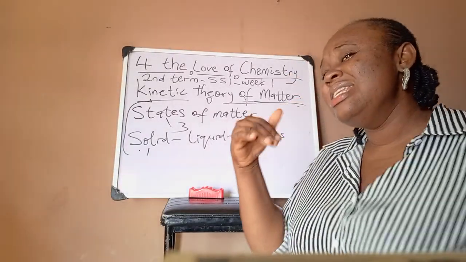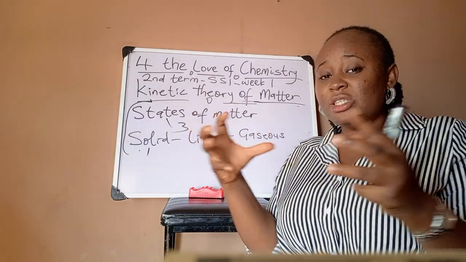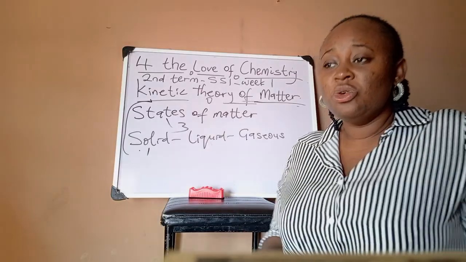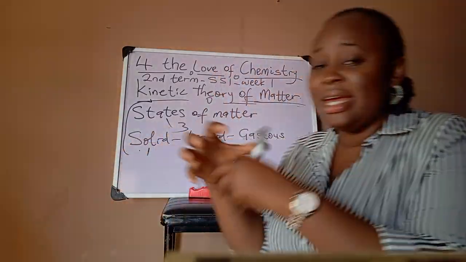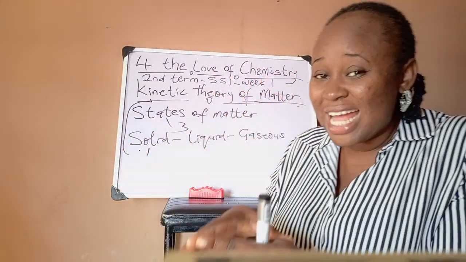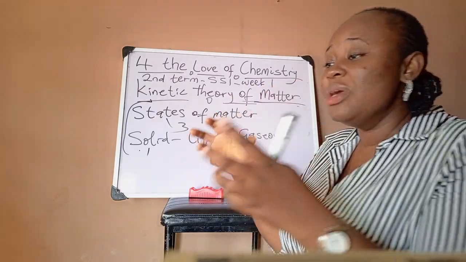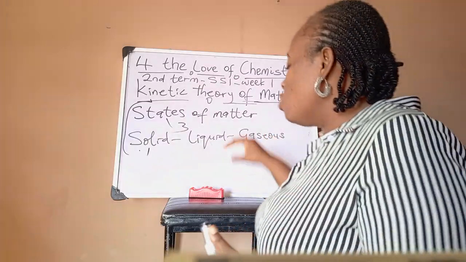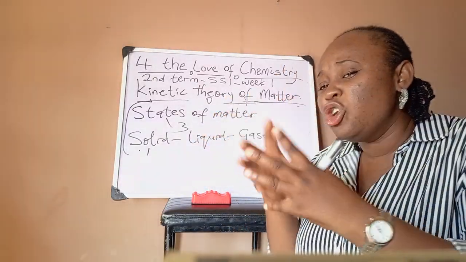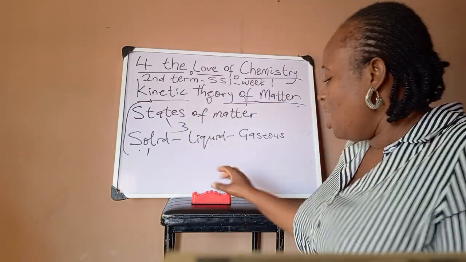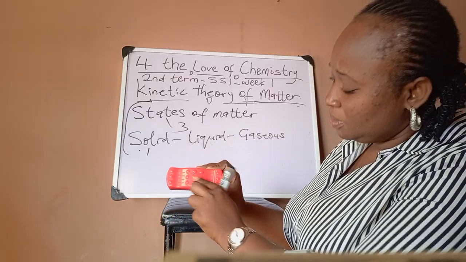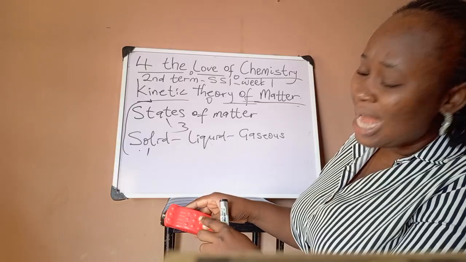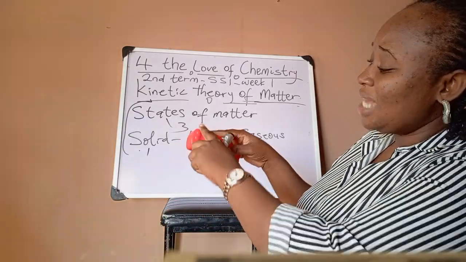So the level of the strength of the bond determines the strength of the solid. If the bond holding the particles of the solid together is very strong, that means that solid will be very strong. And as we know, the particles of solid are closely packed together. When you look at this, you can't even see what actually makes it up.